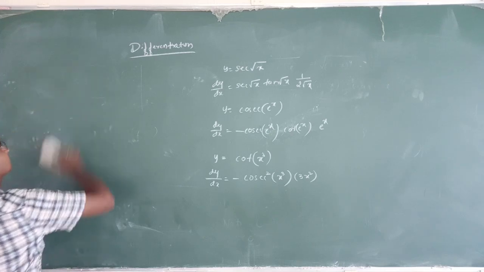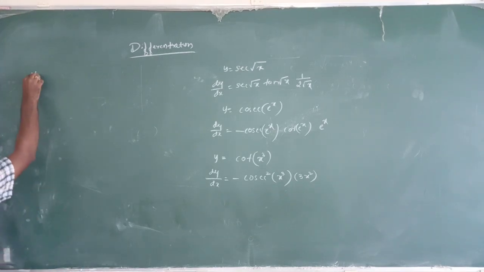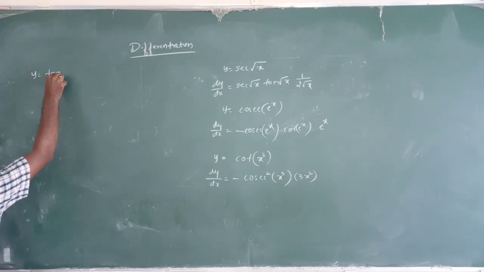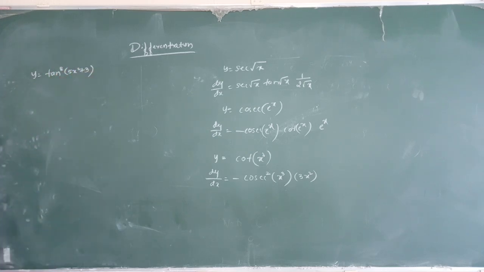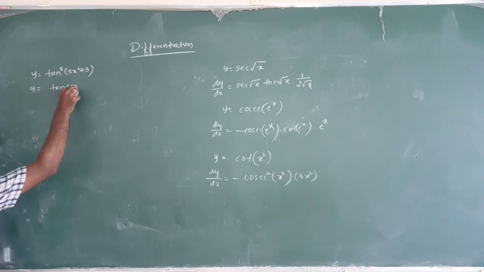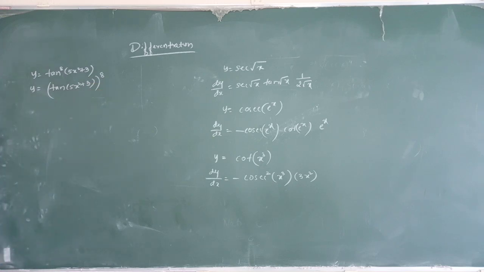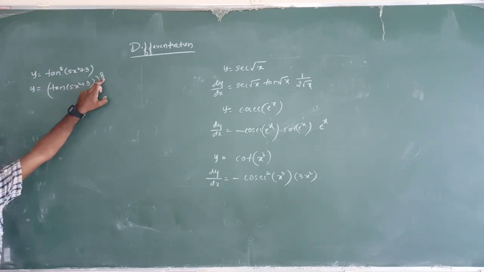Next one, y equal to tan raised to 8 of 5x square plus 3. Tan raised to 8 of 5x square plus 3 is in the form of x raised to 8.